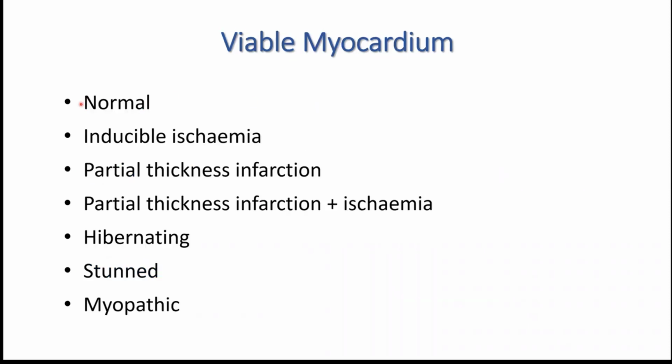So if we think about the various different types of myocardium we might come across, these are all viable. Normal, obviously, normal myocardium that has ischemia, partial thickness infarction, some areas within that will be viable, maybe with ischemia superimposed on top, hibernating, stunned, even myopathic myocardium you might describe as viable.